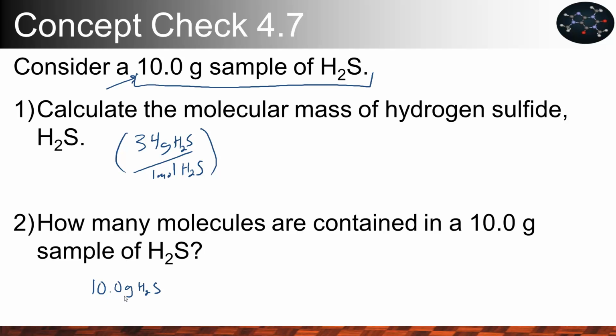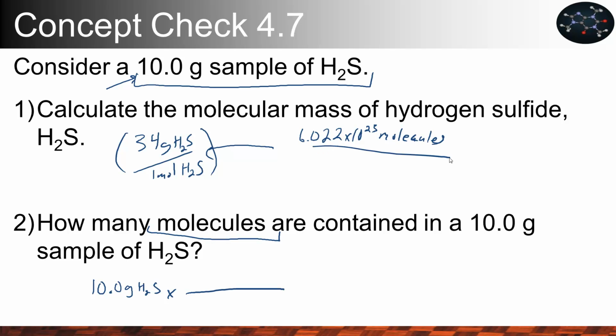We say we have 10.0 grams of hydrogen sulfide, and then we're going to multiply that to get to the number of molecules in that. Well, we know the ratio between moles of molecules and grams, and we know the ratio from before between individual molecules and 1 mole of molecules.